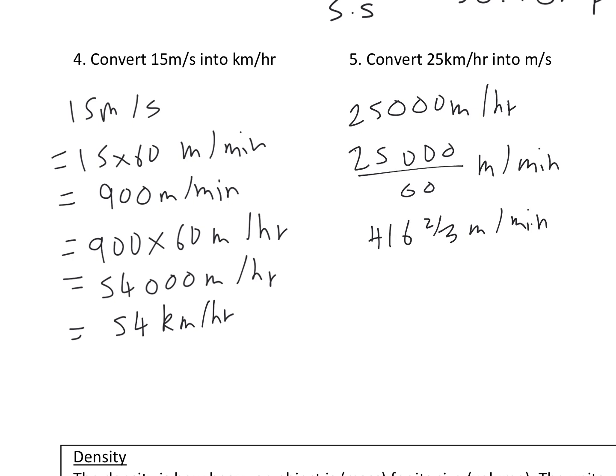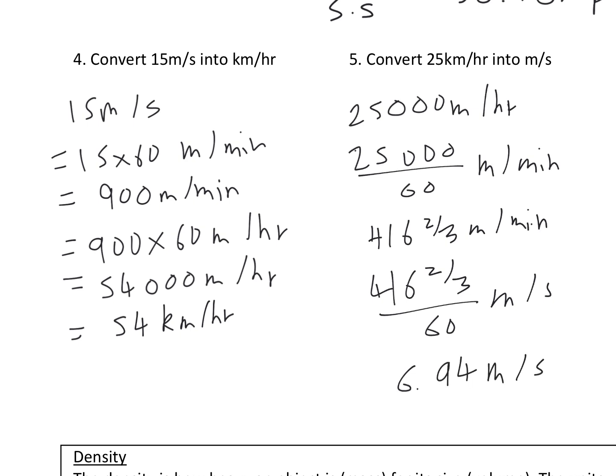It does that in a minute, which is 60 seconds. So in 1 second, we divide that number by 60 to get how many meters it does per second. That again is not a nice number. 6.94 meters per second to 2 dp.